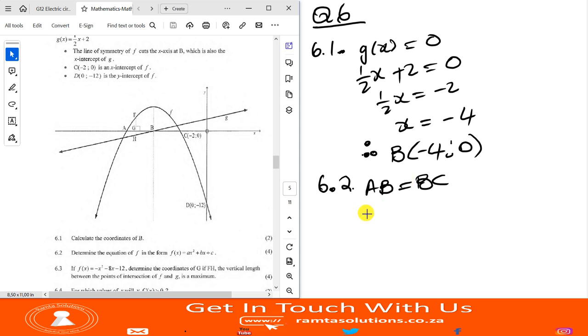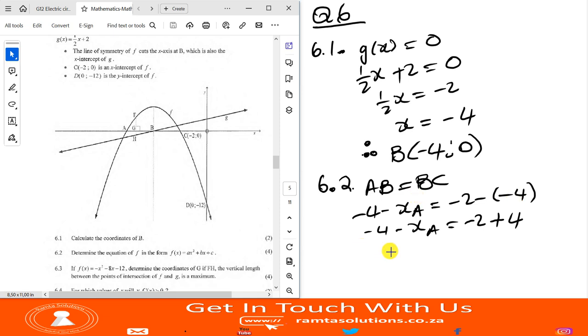It will be -4 minus x of A. What is BC? BC will be -2 minus -4, right? So what do we have? We have -4 minus x of A is equal to -2 plus 4, all right?